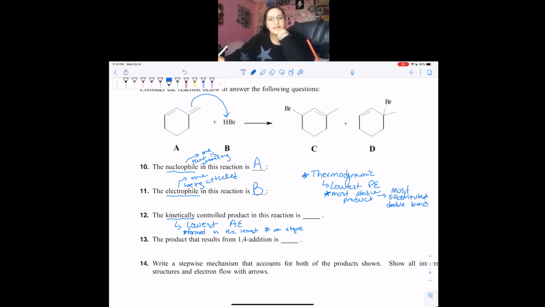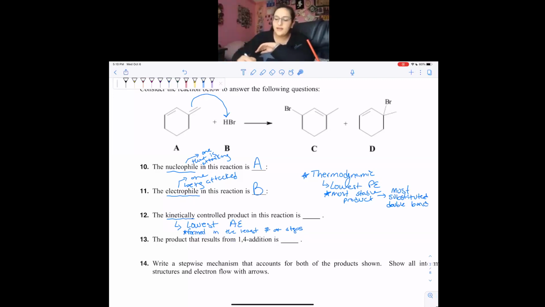And so basically what Dustin asked is, how do we know how high or low the activation energy is? That's a really good question. When we're looking at something like this, if he gave you this reaction mechanism and asked you questions like, find the kinetic product and the nucleophile, you wouldn't be able to find the lowest activation energy or potential energy necessarily, because they don't give you a reaction diagram, they just give you this. So what you would have to look for is the one that's formed in the least number of steps.